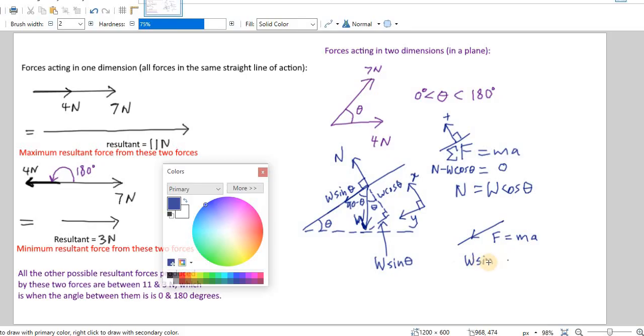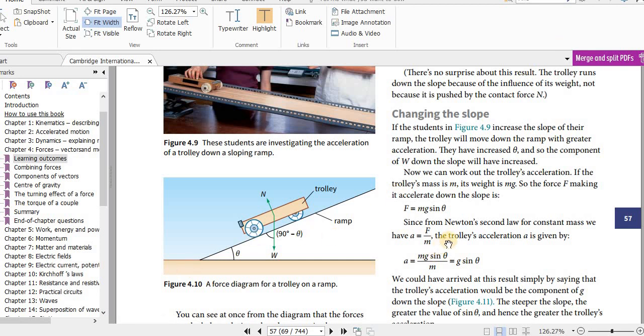These are exam type questions that you can get, where you have to resolve the forces and find the weight, for example, of this trolley. They might give you the angle, they might give you the acceleration. So this way there will be an acceleration because the trolley will move down that way. So you can see that acceleration can be found now.